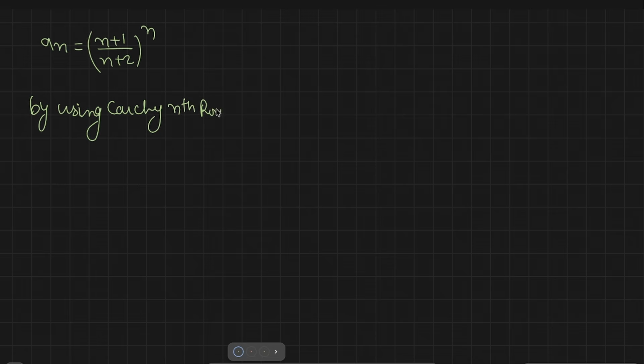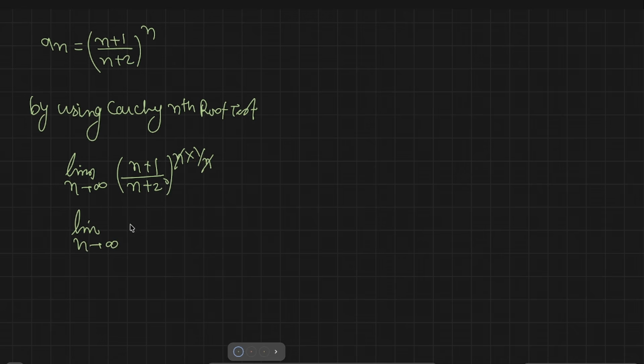Check the limit as n tends to infinity of (n+1)/(n+2) to the power n into 1 by n, because a_n to the power 1 by n. Taking n common, it will be (1 + 1/n)/(1 + 2/n). Then if we put the limit, it will be 1.